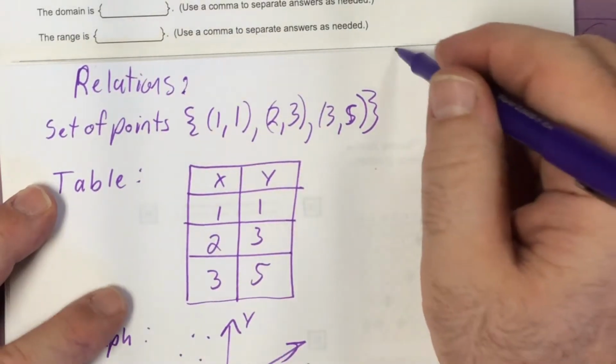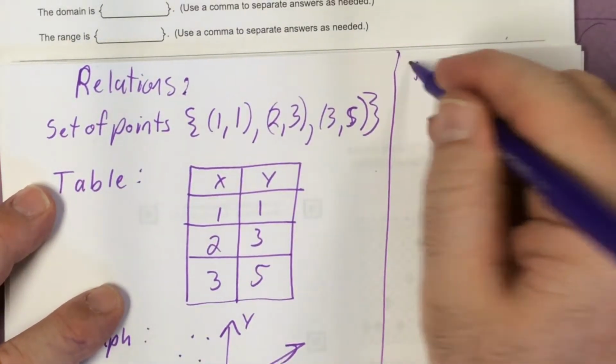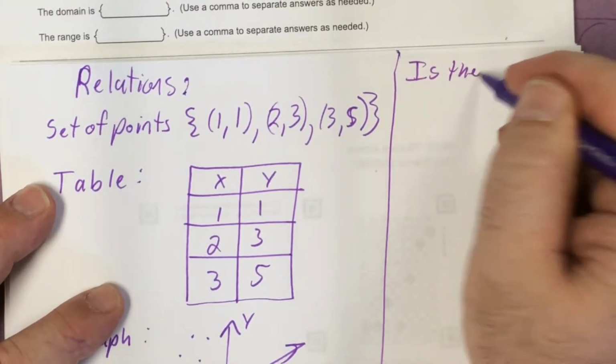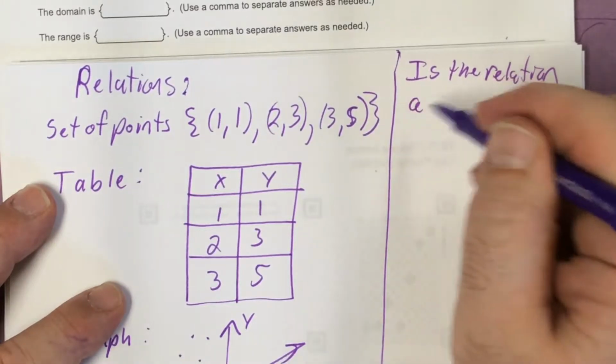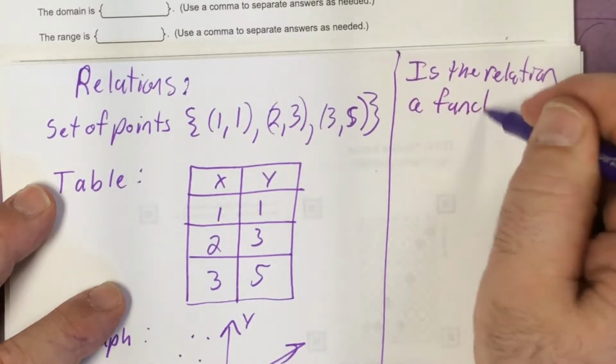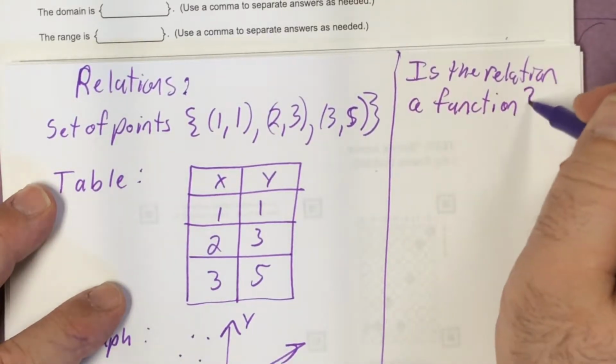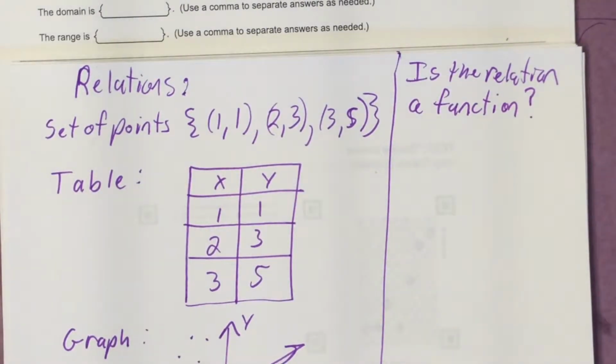The question is going to be, is the relation a function? Depending on what type of relationship you're looking at, whether it's a set of points, a table, a graph, or an equation, there are different ways that you can investigate this and determine if a relation is a function.